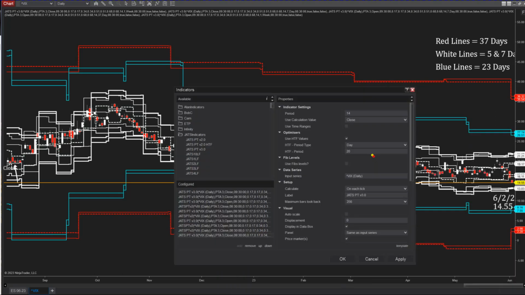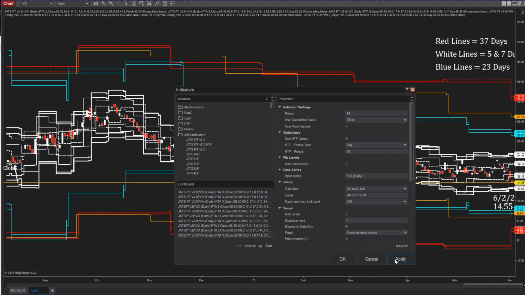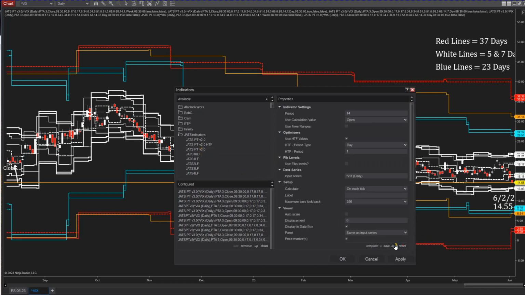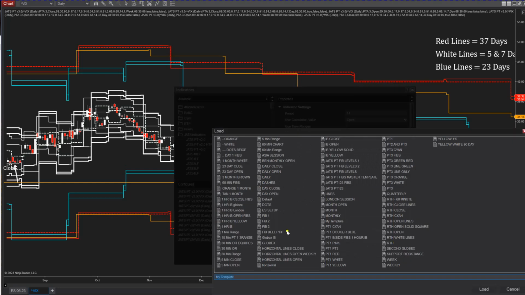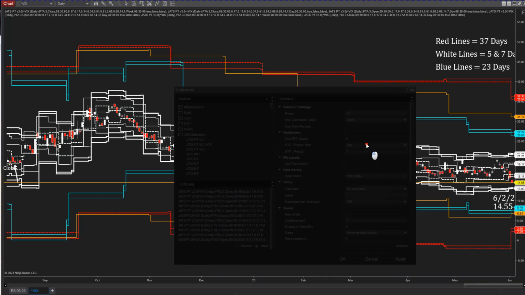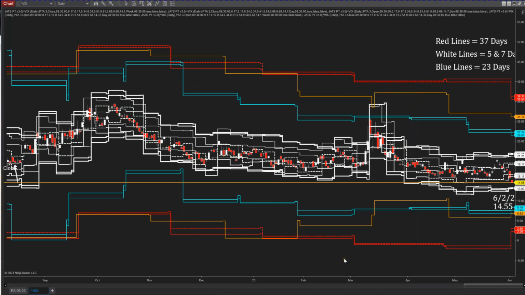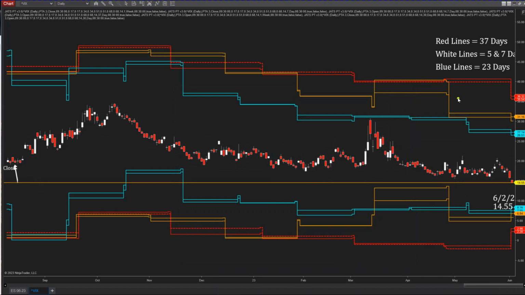We'll make the 30-day orange, and then just change your distribution. We'll put this on the close, and then I will go back and add another 30-day orange on the open. And just like that, we've got a 30-day now. So let me add that.